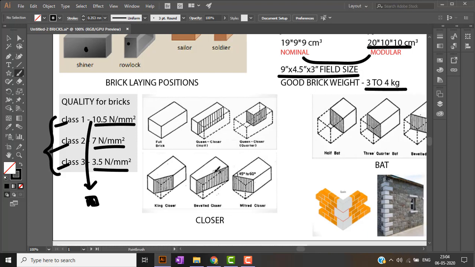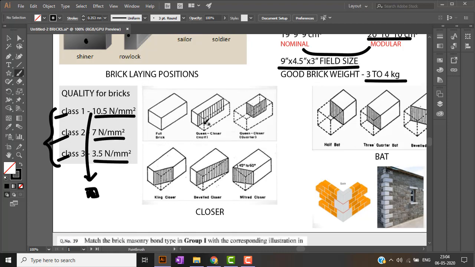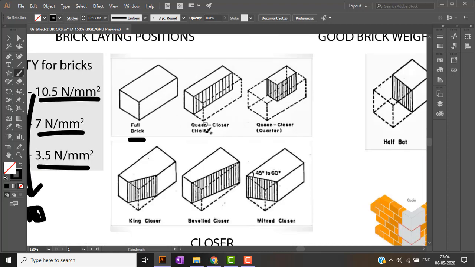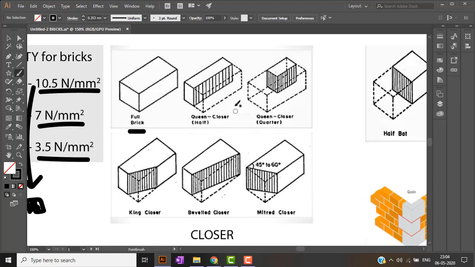Also, bricks can be used in various shapes depending upon the bonding we are going to look at. Okay, so this is a full brick. If a brick is cut lengthwise, it is known as closure. Okay, when a brick is cut along its length, it is known as closure.